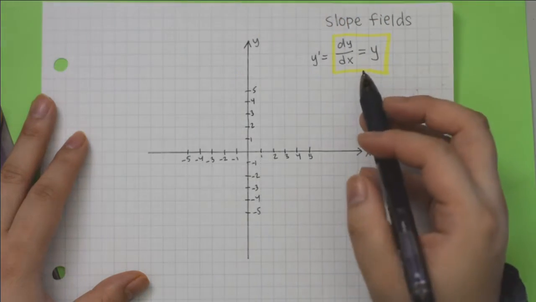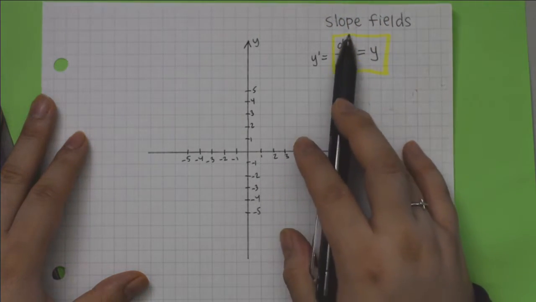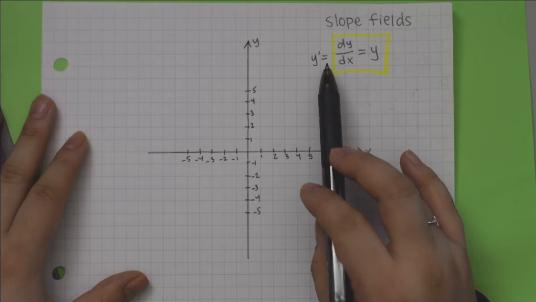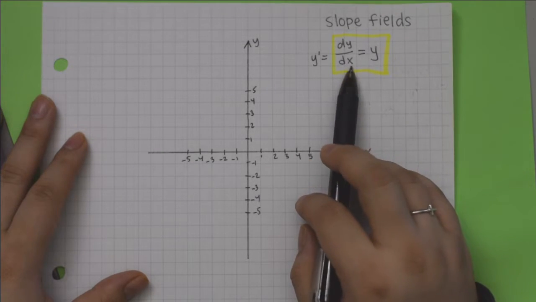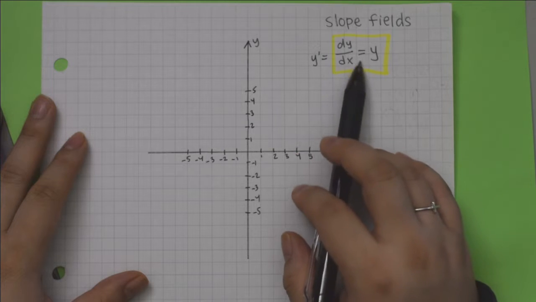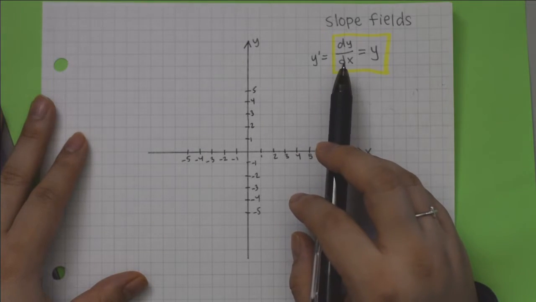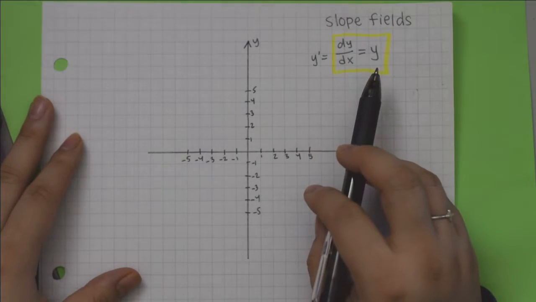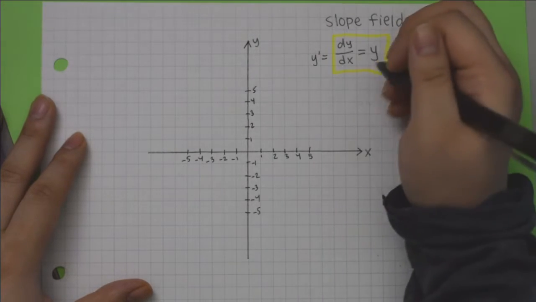And so we only have the first derivative. Our equation only involves the first derivative. So no second derivatives, no third derivatives, no whatever else.